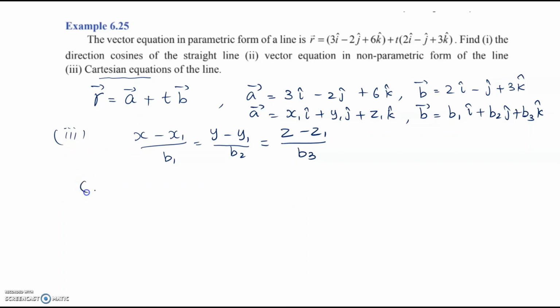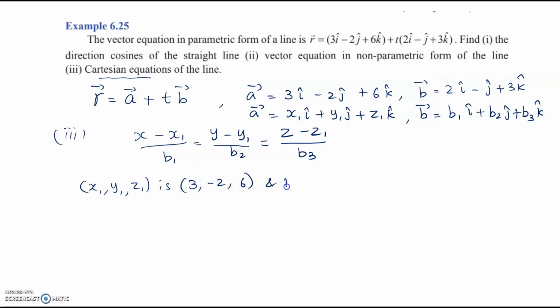Our point, which is x1, y1, z1, is 3, minus 2 and 6.